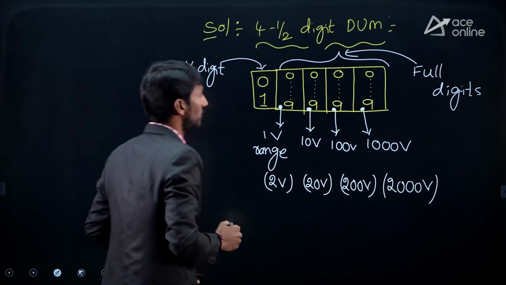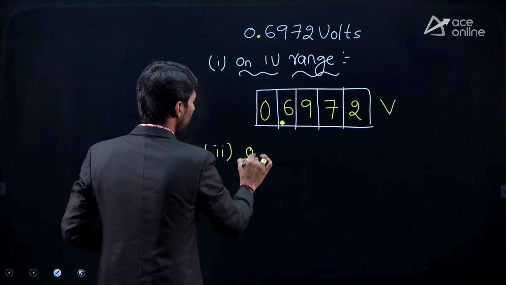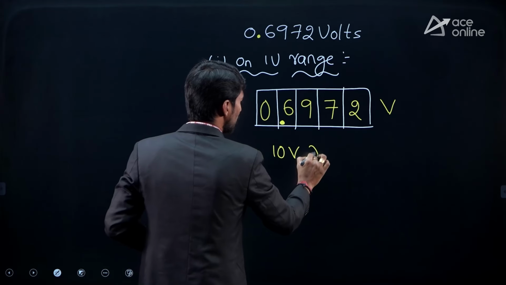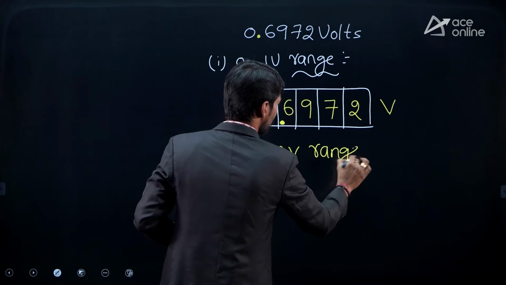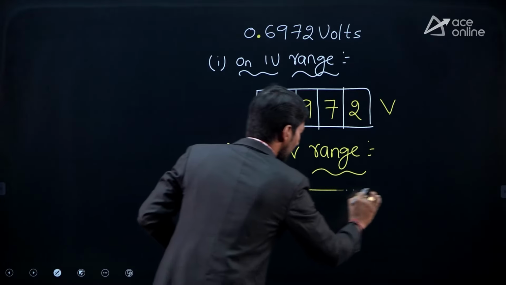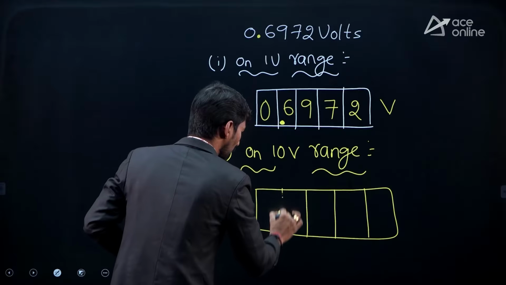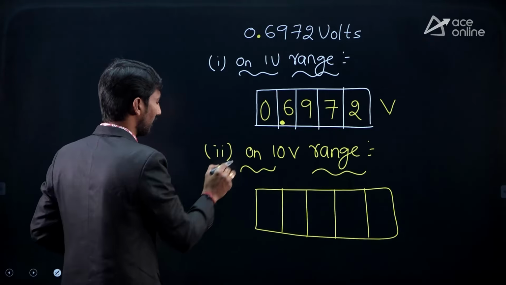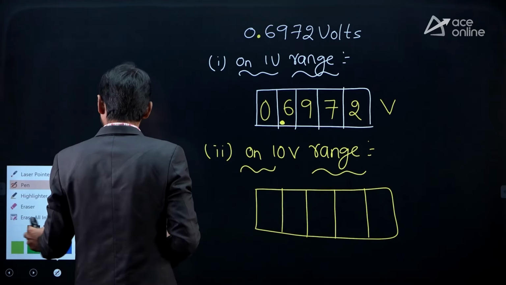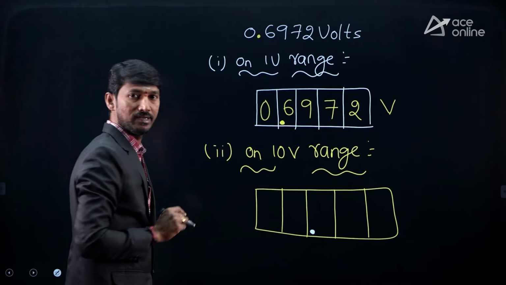Let us verify the next one, the 10 volt range. In a very simple way, 4 full digits and 1 half digit, and for the 10 volt range, where can the decimal point be? Here.